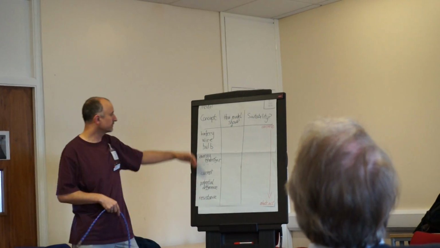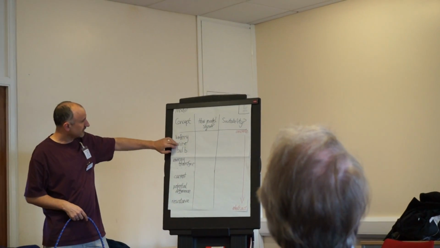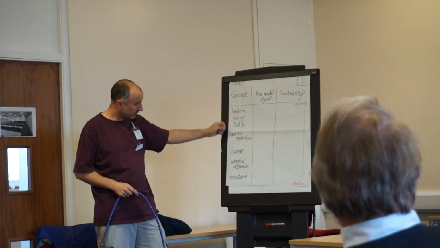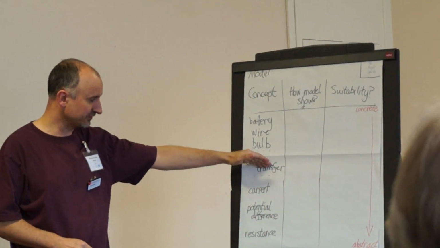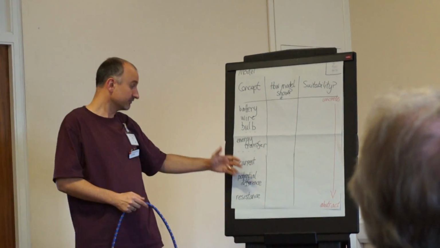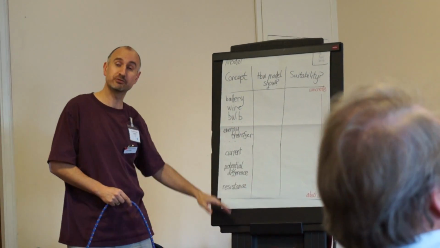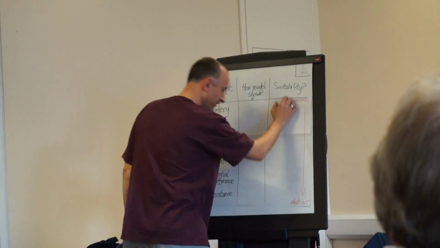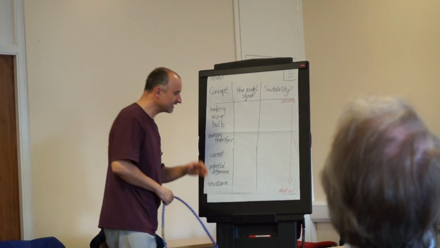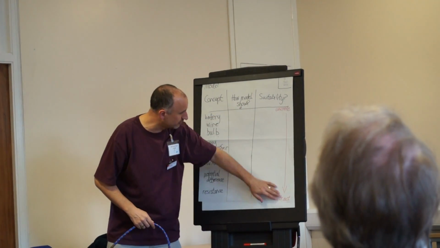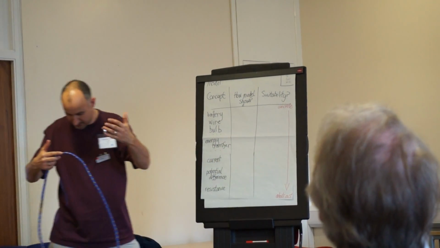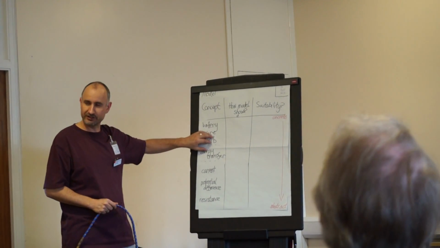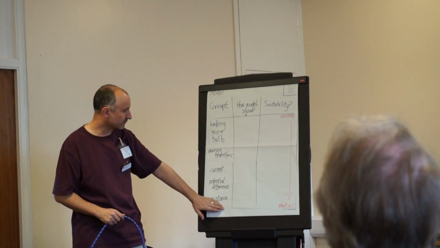So with our rope loop, how does the rope loop show a battery or a wire or a bulb? How does it show the energy transfers? Does it show, or how well it shows, current, potential difference and resistance? Okay? With an idea then of how well it does these things. And again here, just trying to relate it to our framework of starting with the concrete things and moving towards the more abstract.